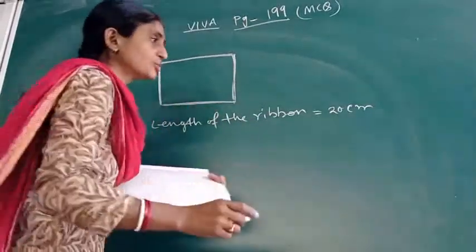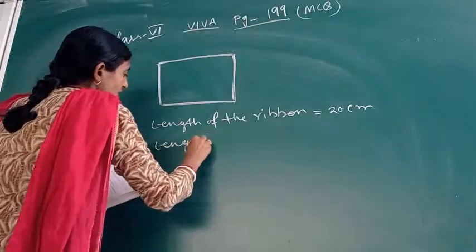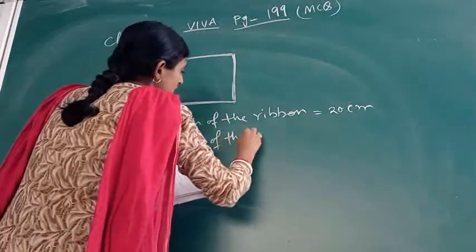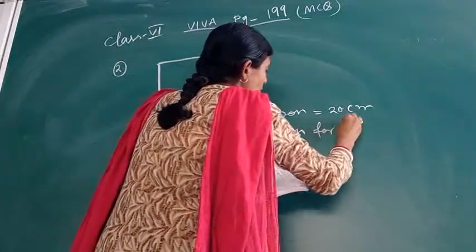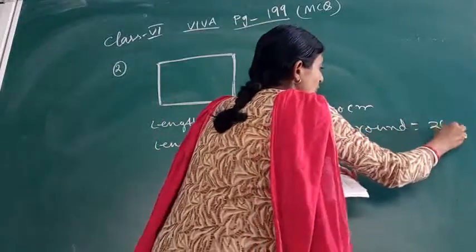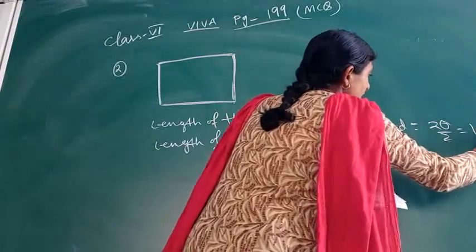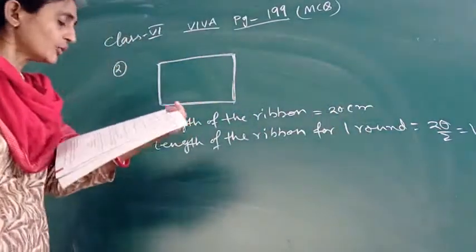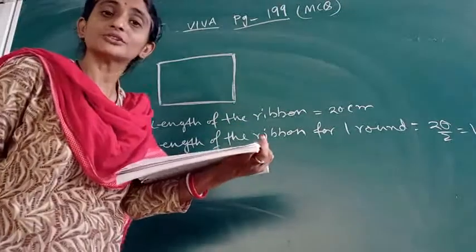Okay, so length of the ribbon for 1 round equal to how much? That is definitely, if 2 rounds is 20 centimeter, so 1 round will be what? 10 centimeter. Now you have asked what is the perimeter of the tablecloth?